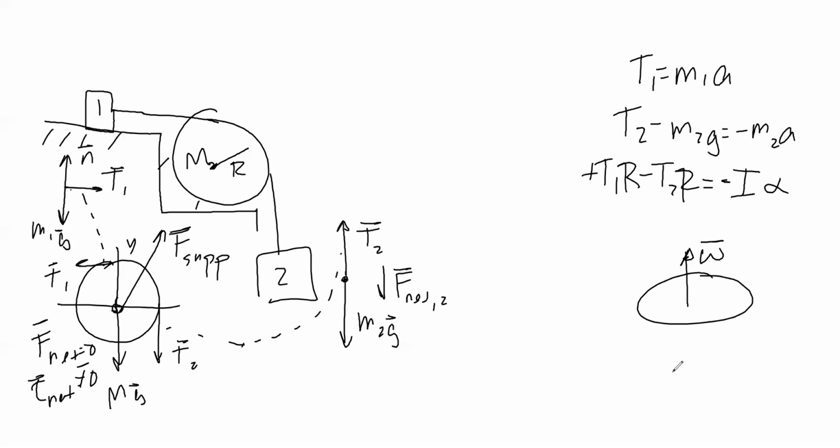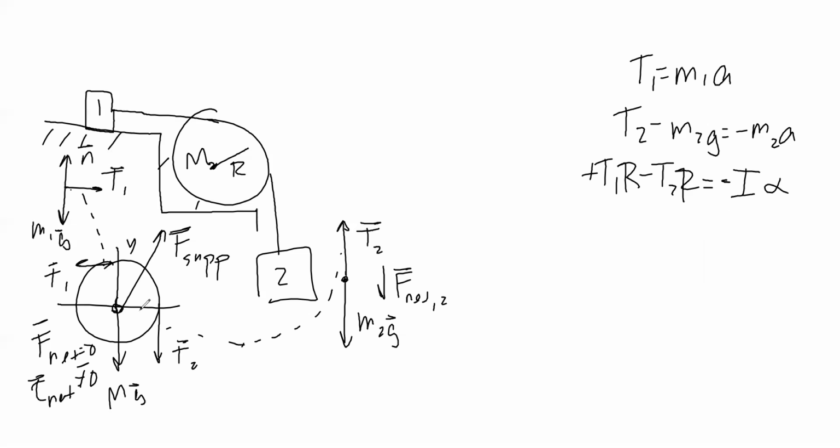So this is a bit of an aside. If the rotation increases, then alpha is a vector that points in the direction of omega. If the rotation decreases, then alpha points against the rate of rotation. It's also possible that alpha can point in a direction completely perpendicular to omega, but that's for another section.